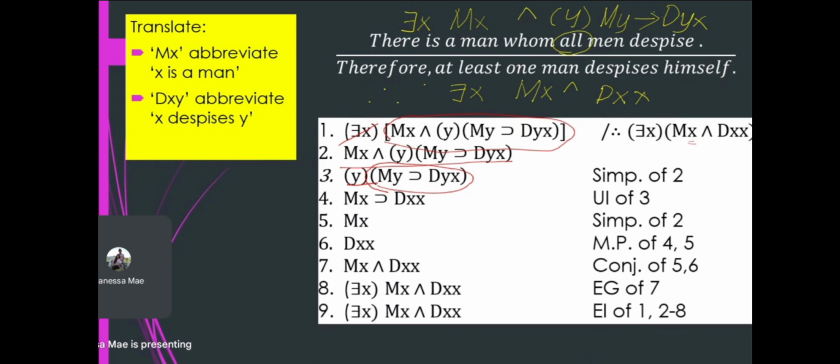Okay, so now that proves we have obtained the validity of our argument. The reason is EI of 1, then 2 to 8. The arrow goes from the top down. The reason why we obtained there exists mx is: therefore, at least one man despises himself.